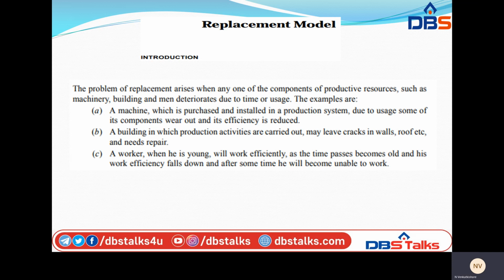That is called the replacement. Replacement means we are purchasing the item and reinstalling it in the production unit in place of the existing one. Whenever components wear out or efficiency is reduced, we replace the existing one with a new one. That is called replacement.